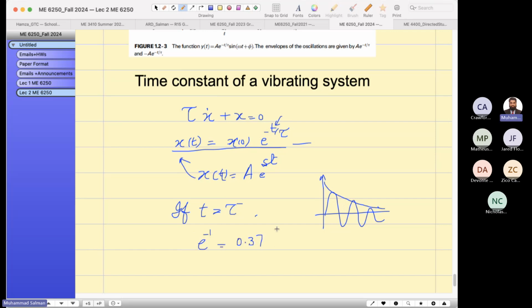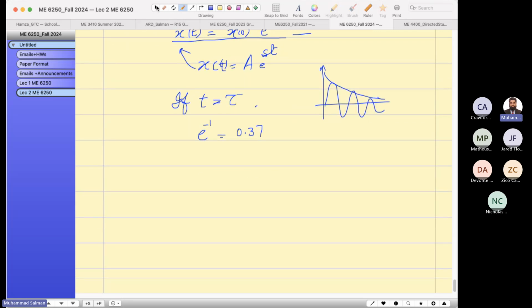0.37. You can check it. So if I do the math, if t equals the time constant, which is in seconds, correct? So exponent negative 1 is about 0.37. Initially, suppose it started its position at a certain x0, maybe equal to the amplitude.